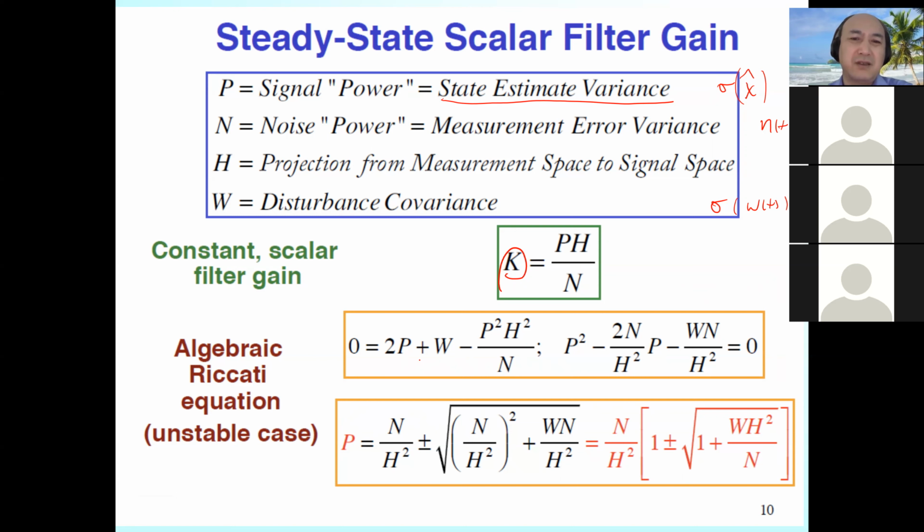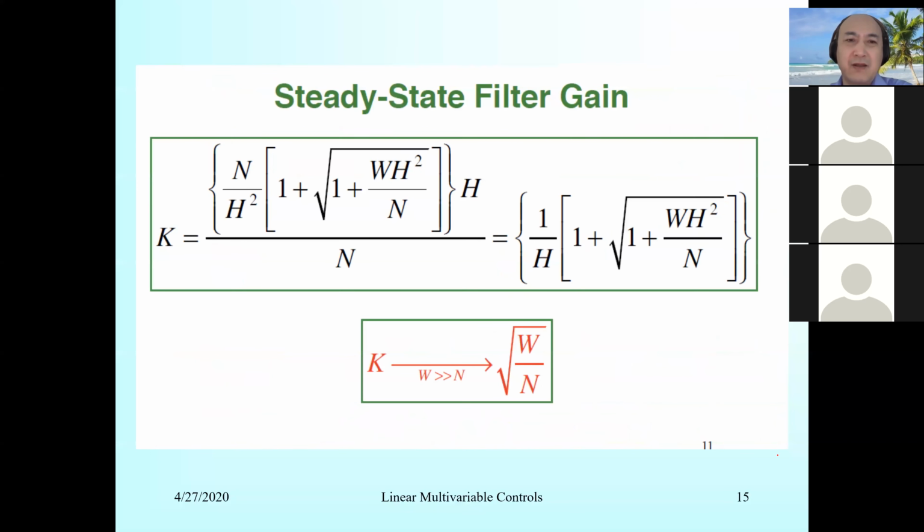Then you can solve for the P in here, the signal power. So then the P can be solved in this way. So the K should be chosen this way. This is the P, this is the signal.